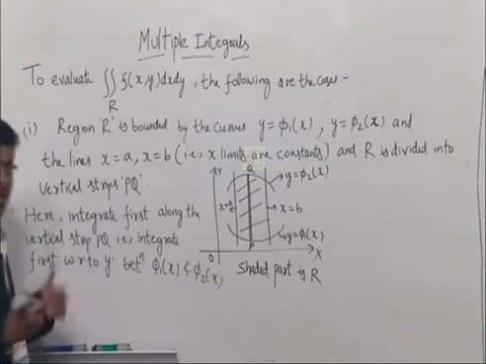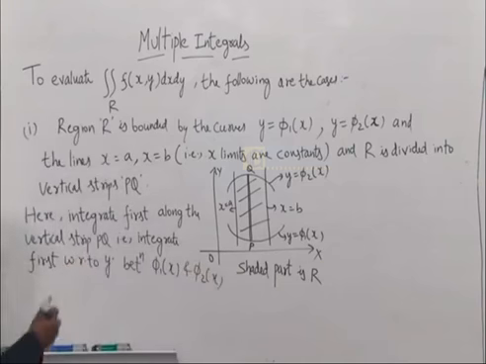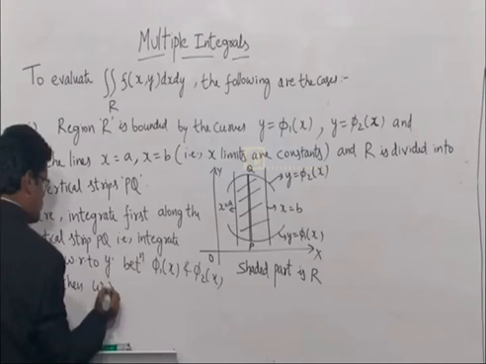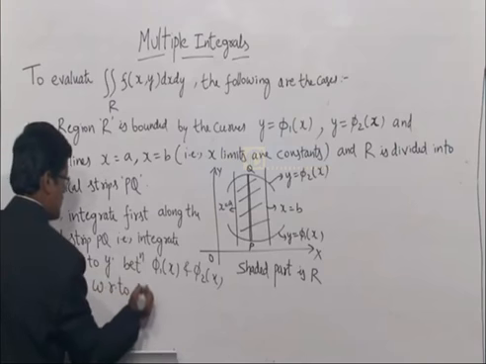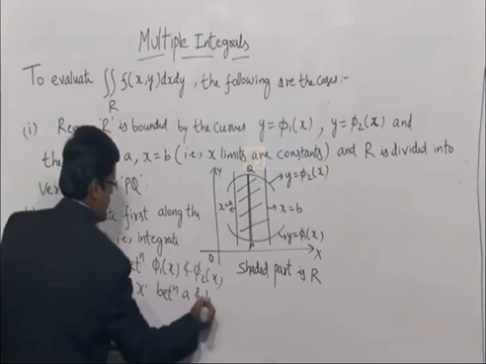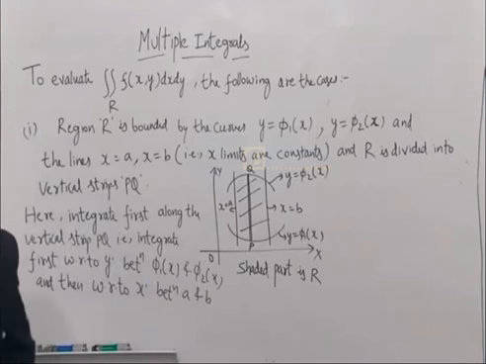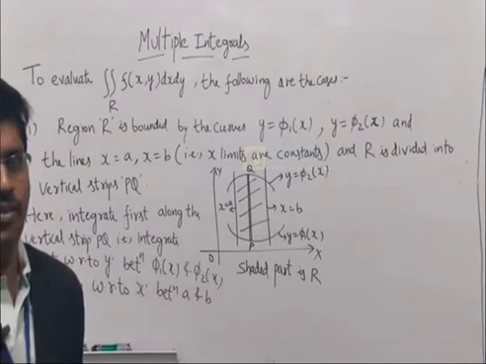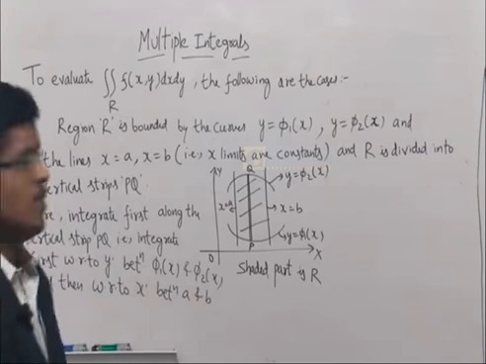This is the procedure for how you evaluate one by one integration. And then with respect to x between a and b: lower limit of x is a, upper limit of x is b, lower limit of y is 5x, upper limit of y is 5 to x.